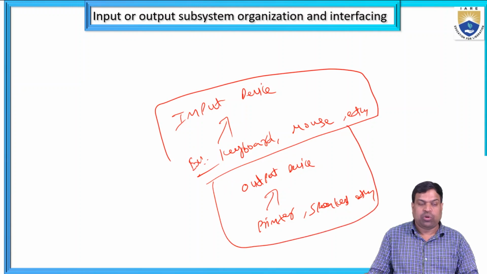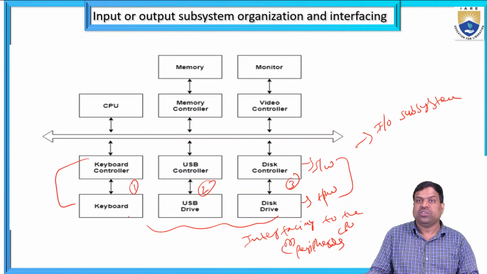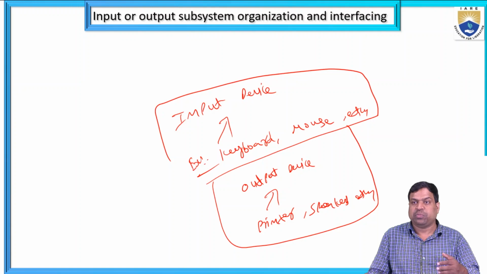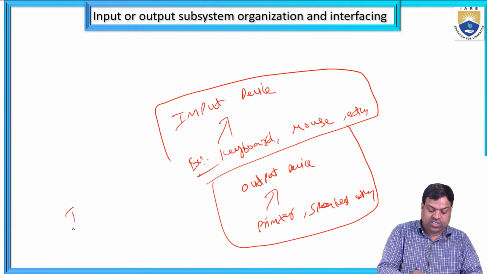So keyboard, mouse, etc. are the input devices. Output devices means printer and speakers. It is one example of input output devices. Keyboard, USB, and disk drives are there, and it is about the input. Some examples: keyboard, mouse, etc. as input, and printer, speakers as output. So we call these the IO devices.